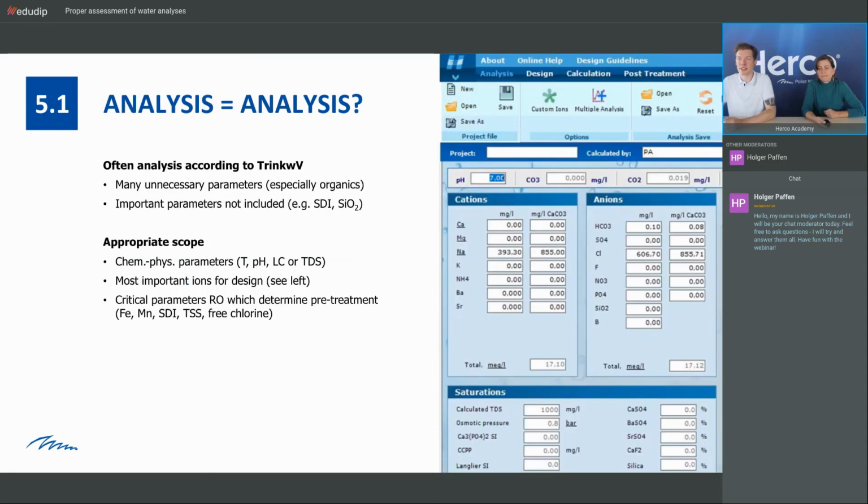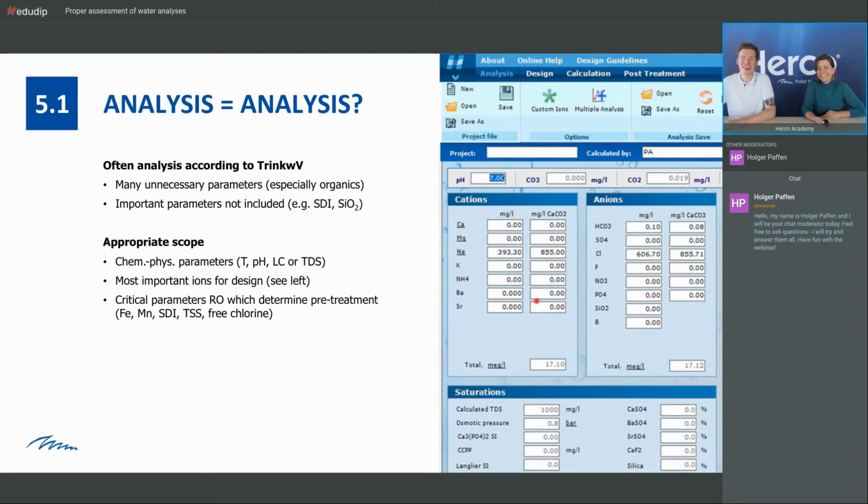Here on the right side, we see a design program. I don't know which one it is. I think it's Hydranautics or something. As you can see, we don't need all the parameters that you usually meet on a big water analysis. On the cation side, we have calcium, magnesium, natrium, kalium. And on these values, you already see that quite often we don't even have them or they're not inside.